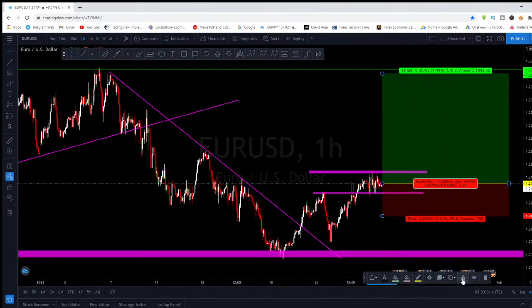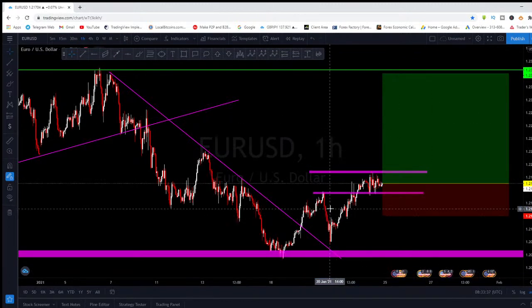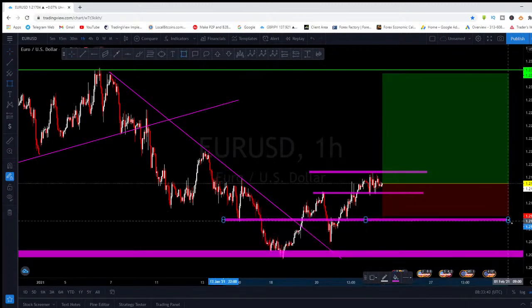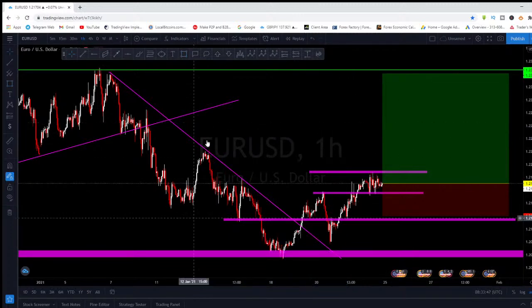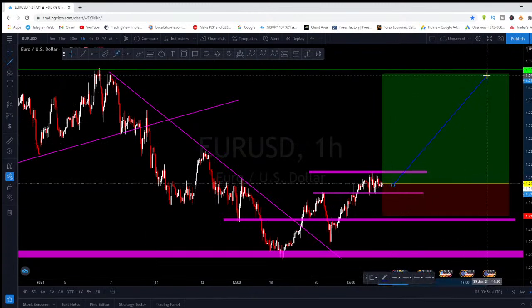So that's it. Now my structure is no more there, right? There's the structure I plotted right there. So now I'm expecting this Euro USD to go up, to the upside, for about 170 pips.